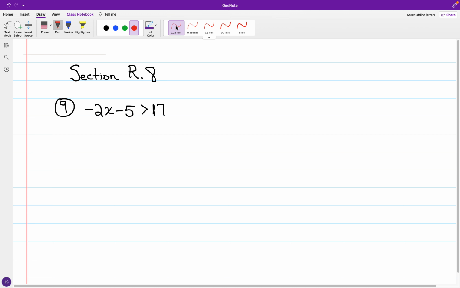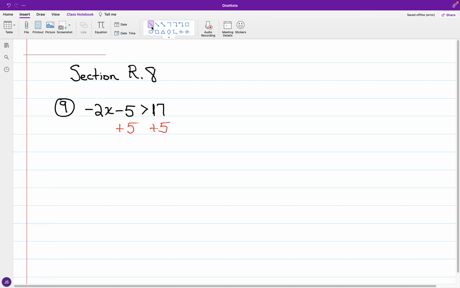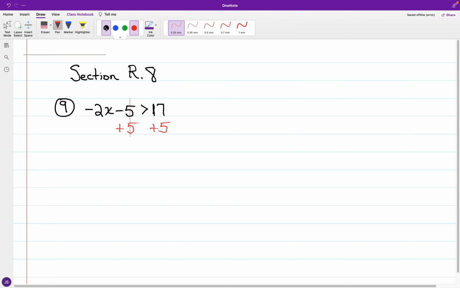So looking at isolating negative 2x, we can add 5 to both sides. Upon adding 5, on the left-hand side we have that negative 2x is greater than 22.